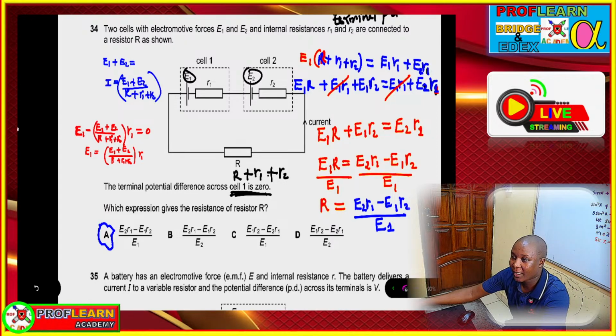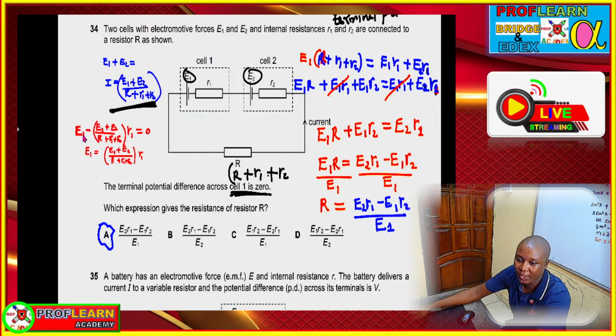So if we take current times internal resistance, in this case our current is this value that we have here, the current of the entire circuit, and the internal resistance for this one is R1. So if you take the current times R1, it is going to give you the voltage drop due to the internal resistance.